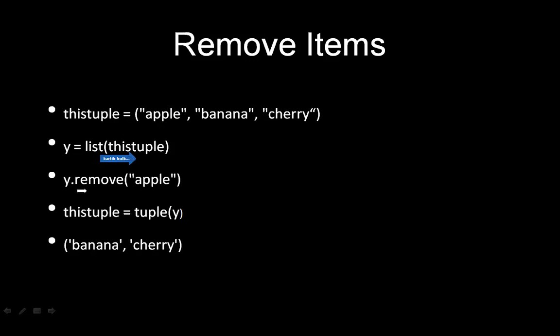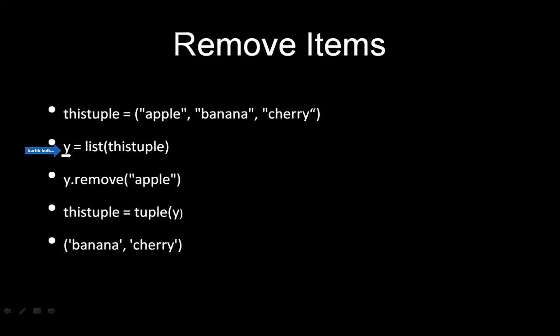Since I am going to convert the given tuple into a list, I will be able to remove an element. If I want to remove apple, banana, or cherry in the tuple, it is not possible. For that reason, I convert the tuple into a list.